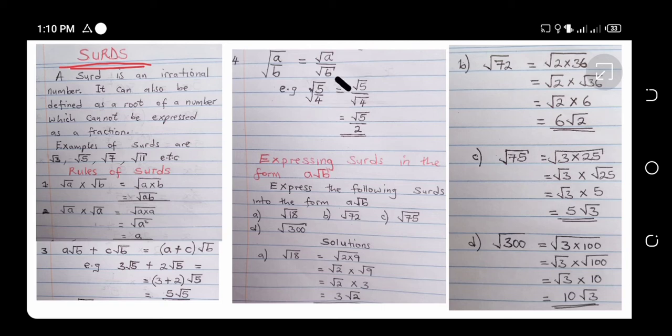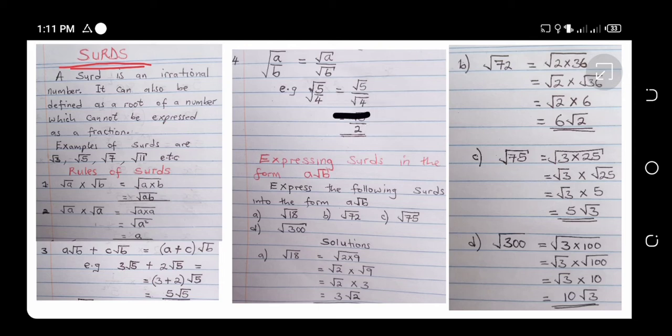Here we are having root of 5 divided by 4. So we have to separate them, whereby the numerator will be root of 5, and the denominator will be root of 4. Remember, root of 5 is a surd, or it is irrational, so we just leave it like that.